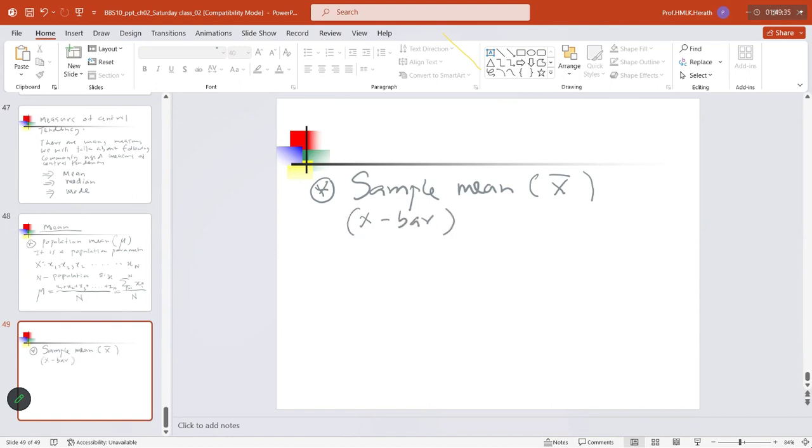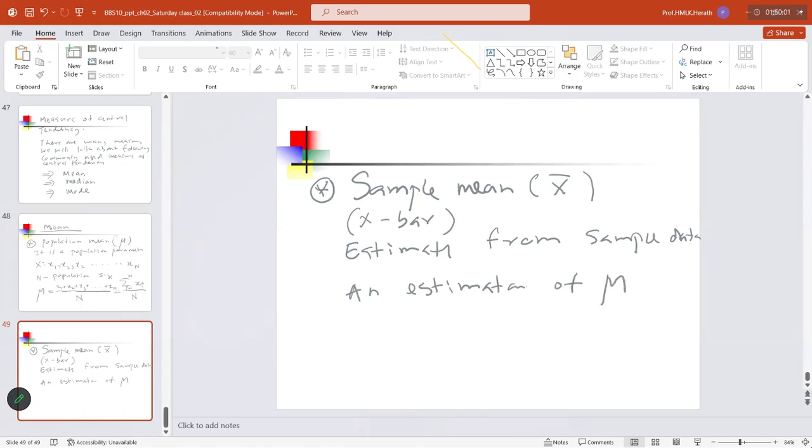We use this from sample data. This is an estimator of mu, which is the population mean.